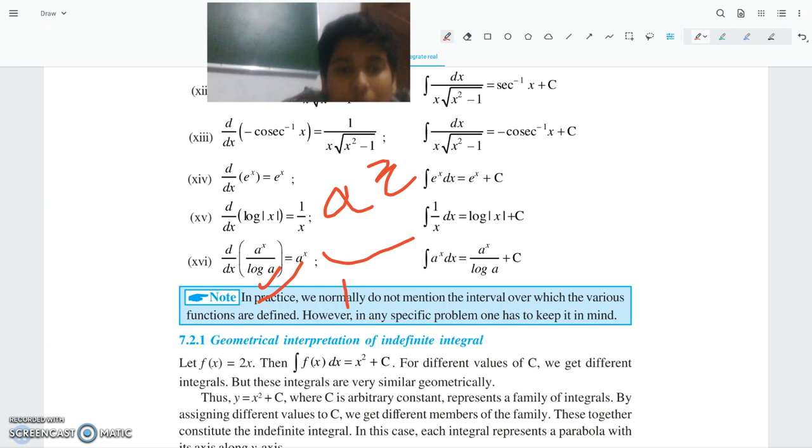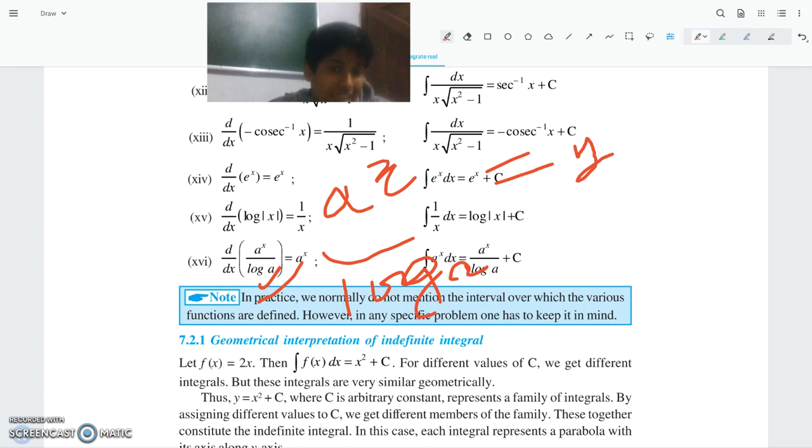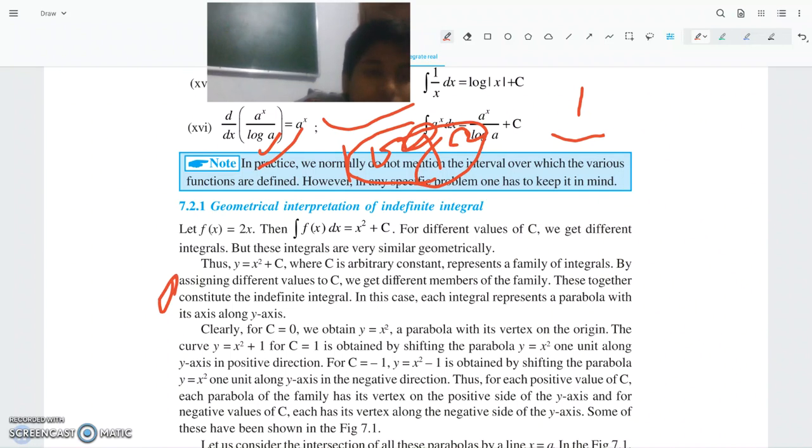Let f(x) equal a^x upon log a, where a is a constant, not a variable. This log a is a constant, so we can remove it before the differentiation. Mainly we have to do the differentiation of a^x.